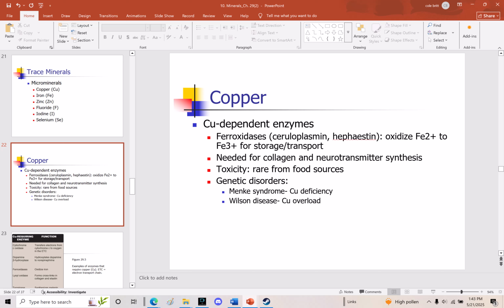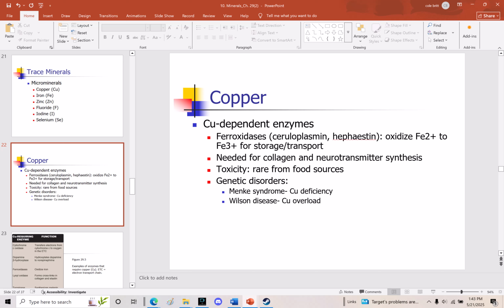So copper is needed for the peroxidases, which are for transporting and storing iron, or getting the iron into a state where it can be transported or stored. You also need it for the electron transport chain, like we just said. And this one I probably won't ask you, but you do need it for collagen and neurotransmitter synthesis because some copper-containing enzymes are required.